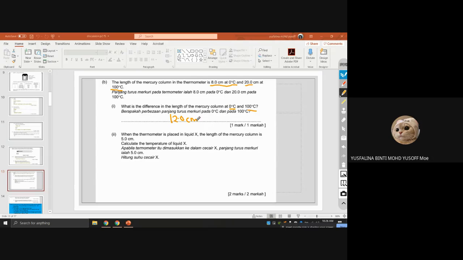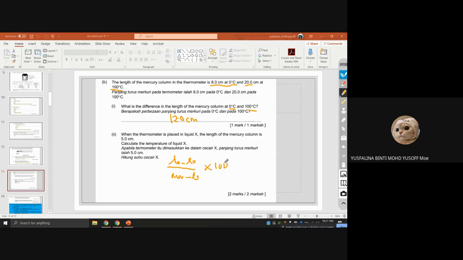The second one: when the thermometer is placed in liquid X, the length of the mercury column is 5 cm. Calculate the temperature of liquid X. You have to use this formula: L theta minus L0, divided by L100 minus L0, times 100.